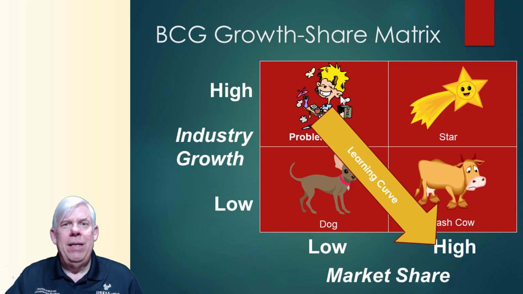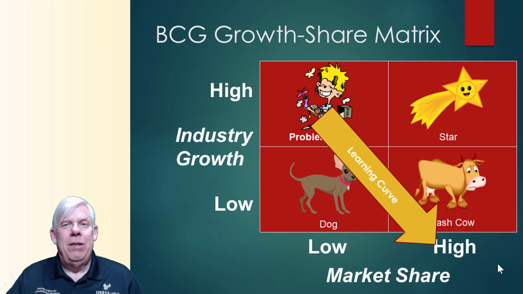On the other hand, if you have low growth and high market share, you're going to be printing money in a sense. You're in the cash cow quadrant based upon the learning curve. And so your costs will be lower than those of your competitor. And because you're not growing very quickly, it's not eating up your cash.